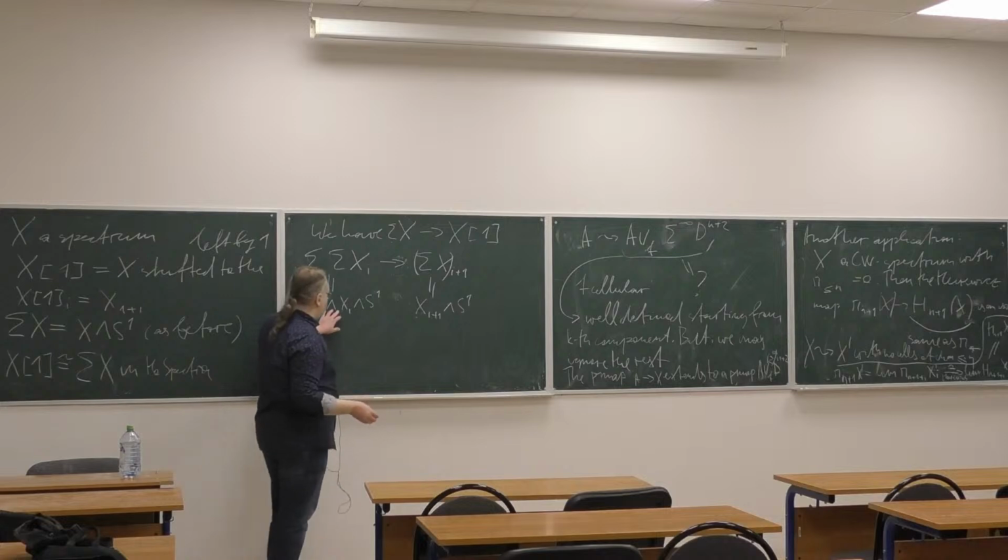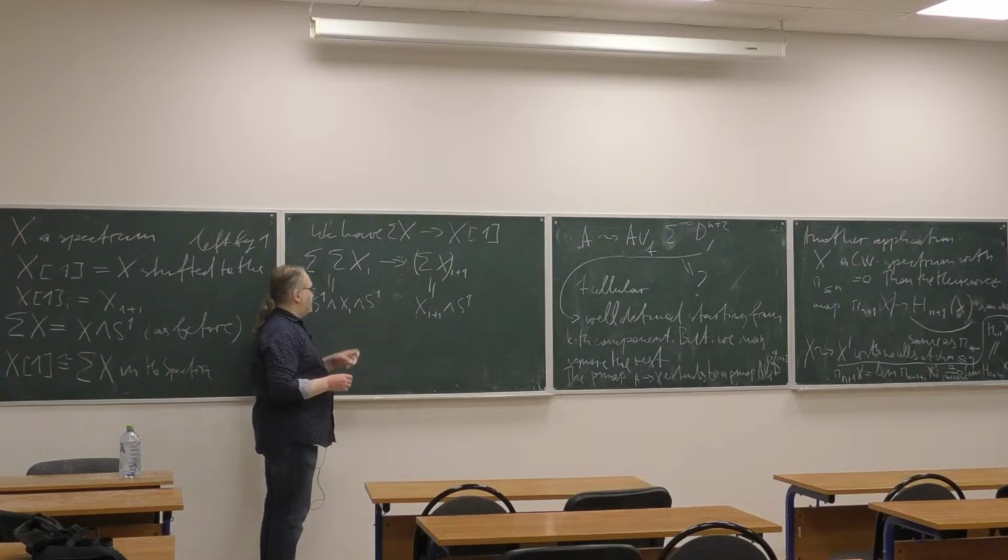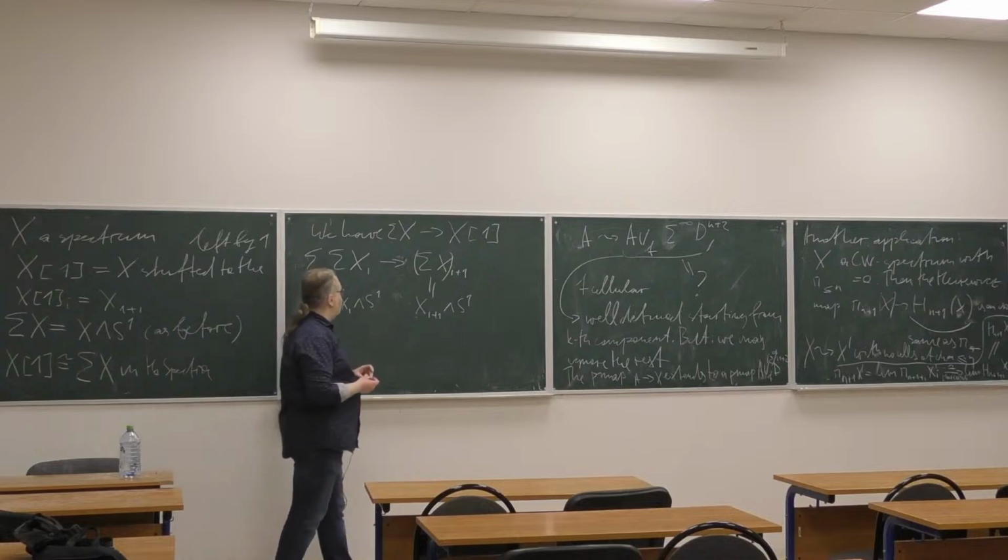So we have this map from here to here, and the identity on the second component.